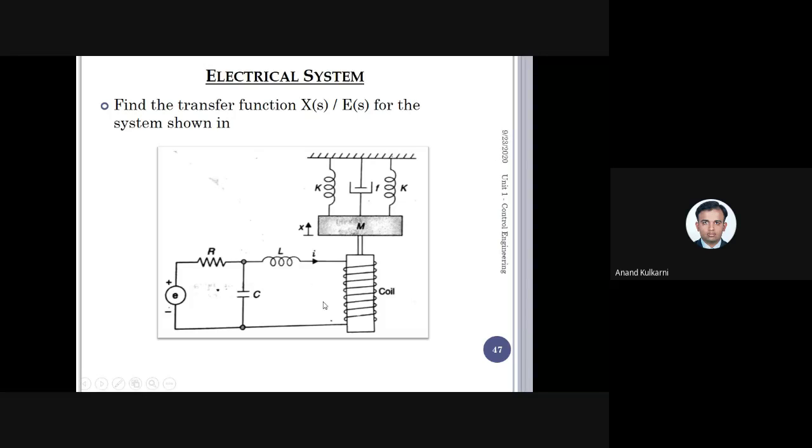That energy, or that voltage drop in the circuit, is called back EMF. This back EMF is given by the equation EB is equal to K1 into dx by dt. So this back EMF depends upon the velocity of vibration of this mass, that is dx by dt. That is what it says.